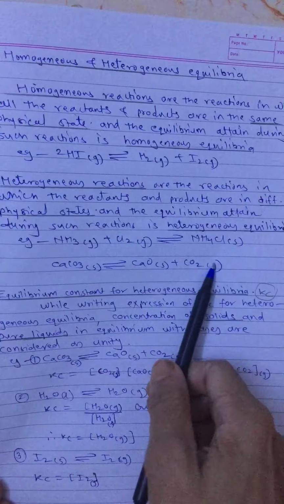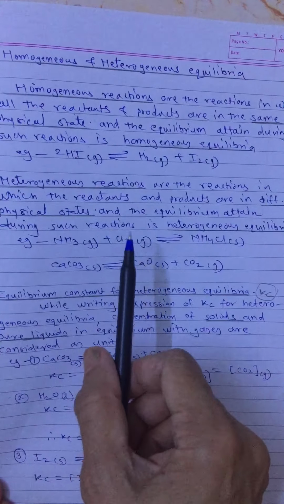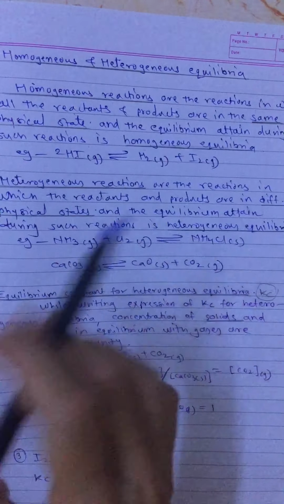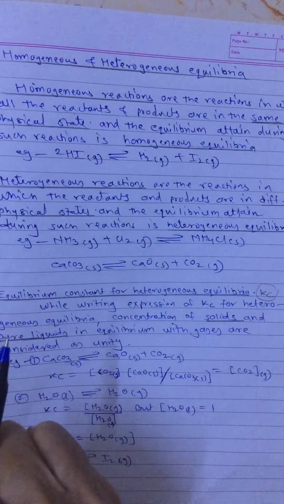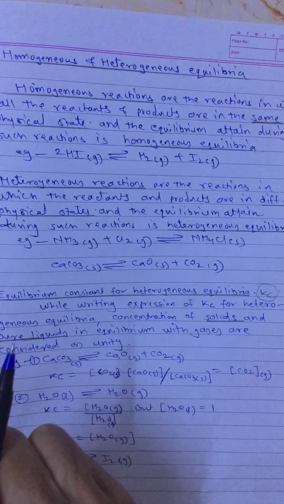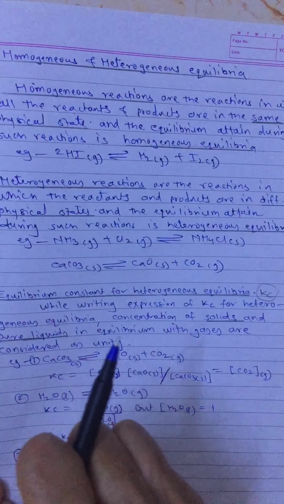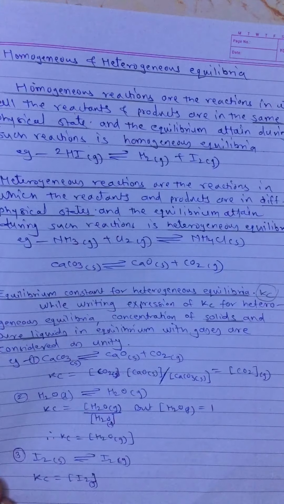So this is a reversible reaction, and at equilibrium the reactants and products are in different physical states, and therefore such equilibrium is known as heterogeneous equilibrium. You know the equilibrium term very well now. Rate of forward and reverse reactions are the same.